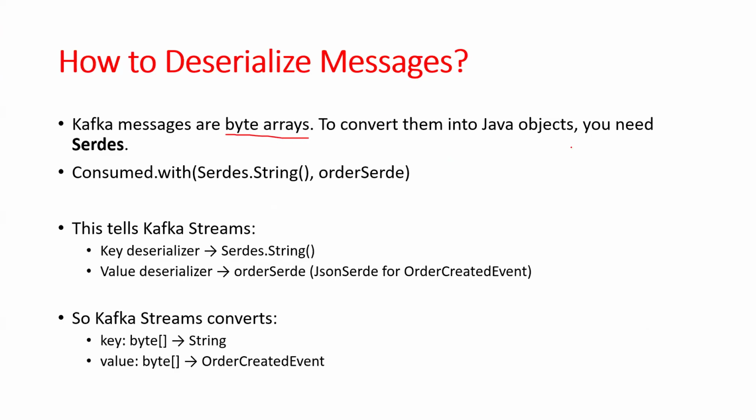To convert into our Java object, we are using Serdes. Here, if you see Serdes.String and the order SerDe here, this is called the key serializer and this is called the value serializer. Why? Because the complete data will be in the form of bytes here. Now again, to convert your bytes into your object, we need the predefined class called JsonSerde here, guys.